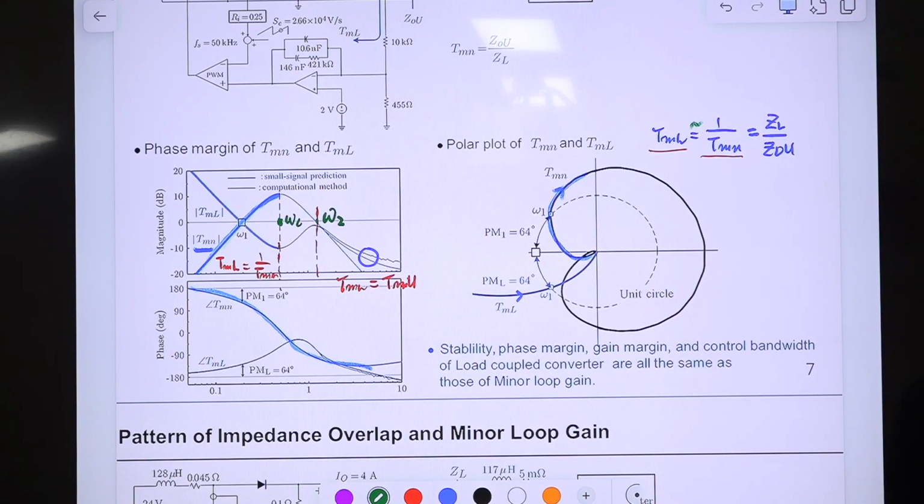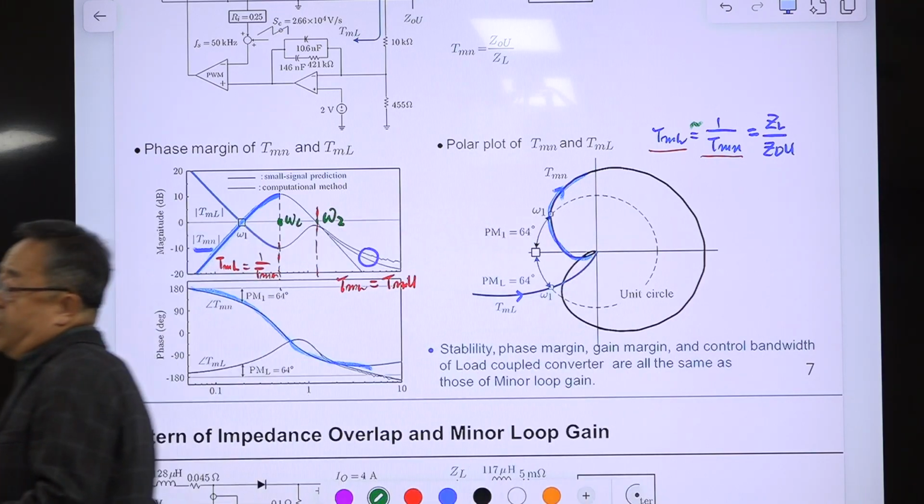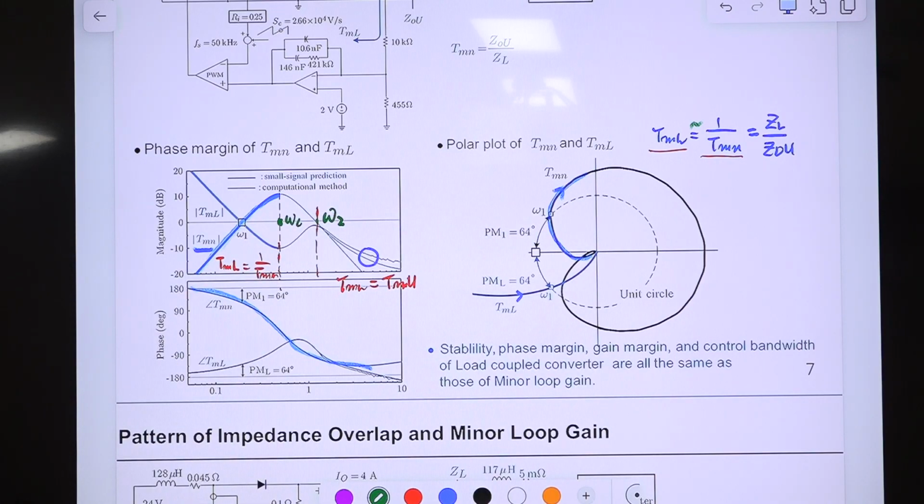The implication of this is that you can program the phase margin, gain margin, crossover frequency, everything about the load-coupled converter, by adjusting the minor loop gain. The minor loop gain is determined by the line filter design.